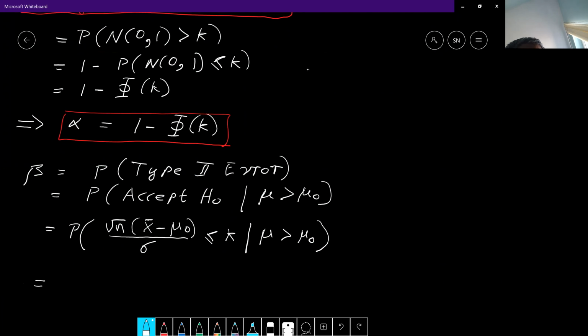Now I'm going to do a trick. We are conditioning on the fact that the true population mean is greater than mu0, so it's not equal to mu0. So what I'm going to do is change the mu0 to mu. In place of mu0, I'm going to put a mu, and because of that, I need to add a mu.